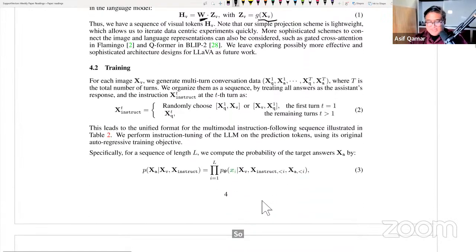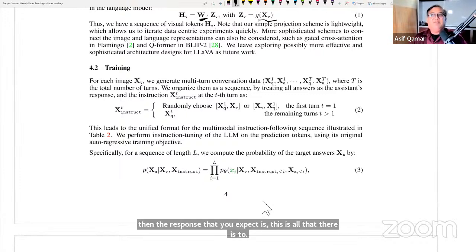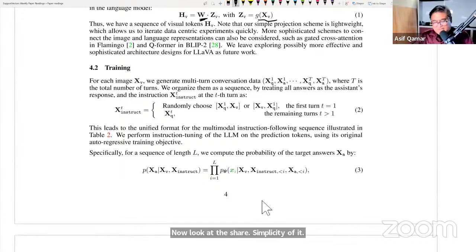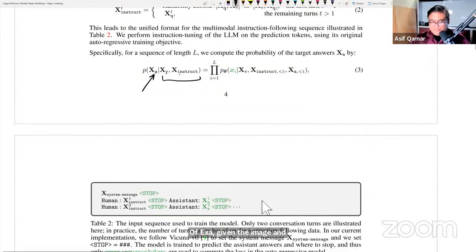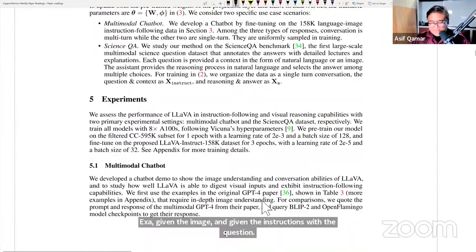Now, look at the sheer utter simplicity of it. Mathematically, you want to maximize the probability of XA by training the weights and biases of your LLM, so that you maximize the probability of XA given the image and given the instruction, maybe the question, augmented with some instructions. And that's all it is. So that was the big idea.